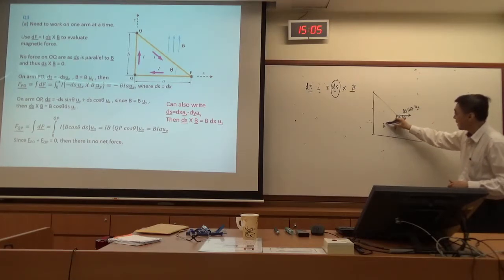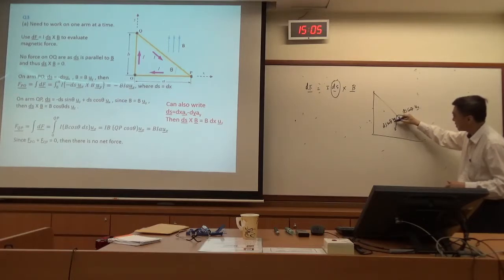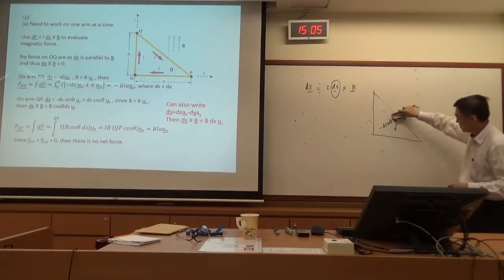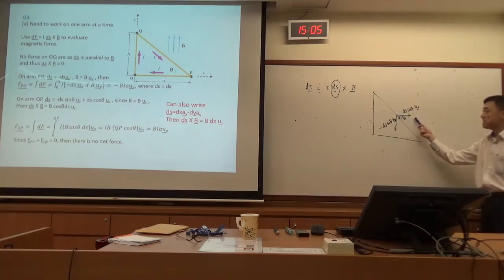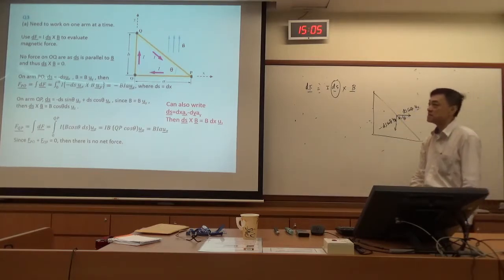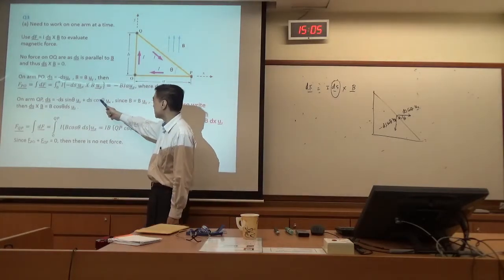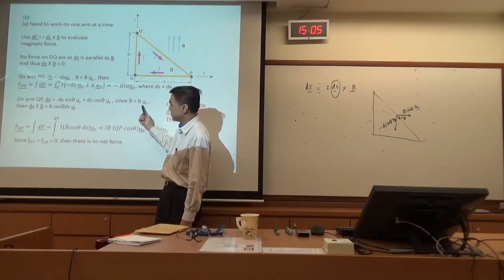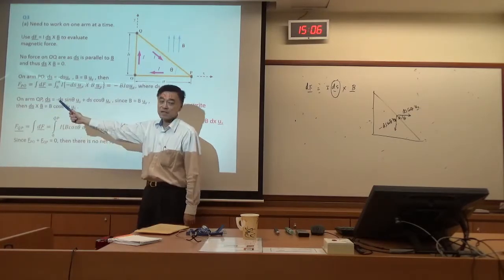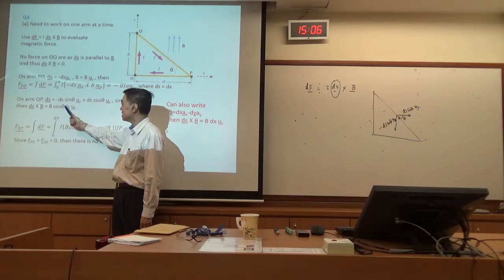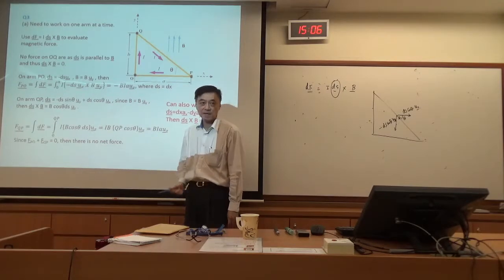This is ds sine theta uy, minus. So minus ds sine theta uy plus ds cosine theta ux, and then B equal to B uy. Then you take the cross product, it is equal to B cosine theta ds uz. So you put it in the integration, finally get B I a.